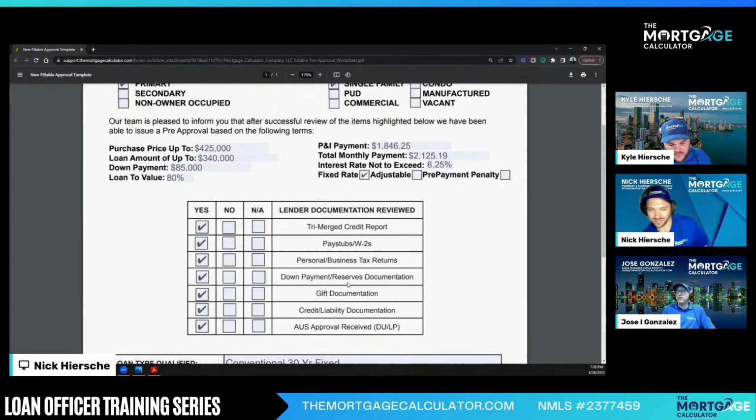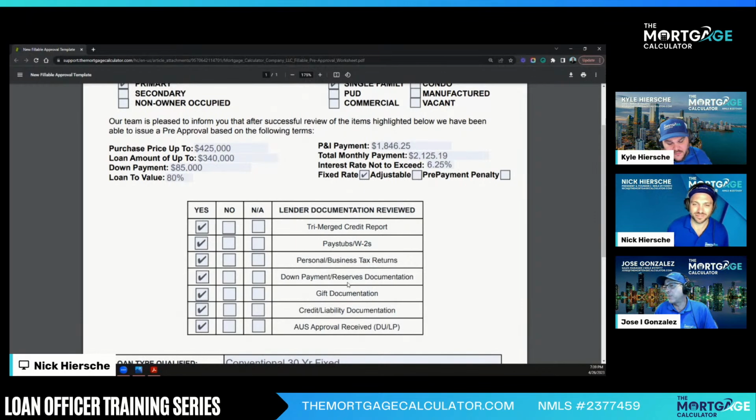Out of the offers that were financed, because there were some cash offers, right? Out of the offers that were financed, we were requesting, mind you, we're in that kind of market, and we had to really get to the cream of the crop, so we were requesting, if it was agency, the AUS approval, some kind of documentation that it actually was done.